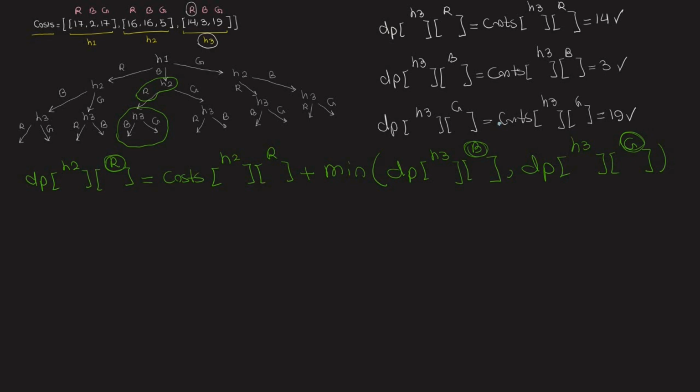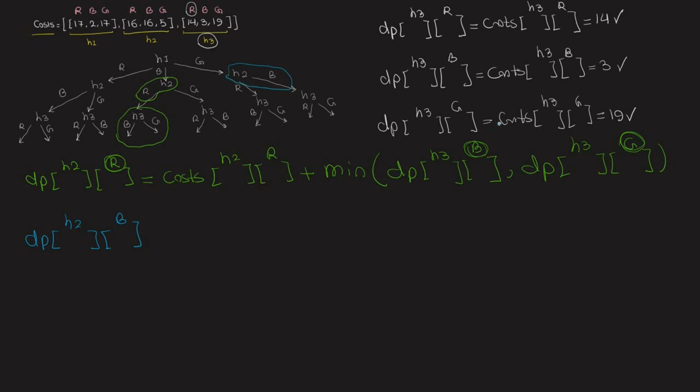Okay, we can continue this DP calculation for house 2 for another color. For example, this time I'm looking for the color blue. So for the color blue, for example, I'm here.